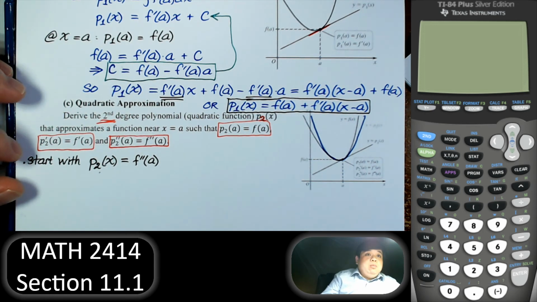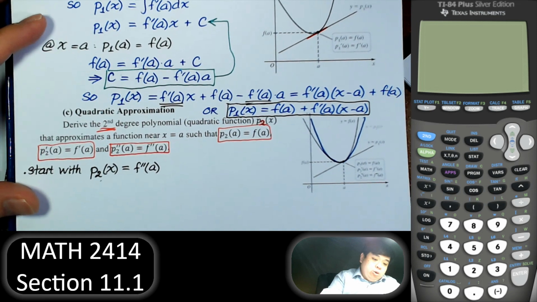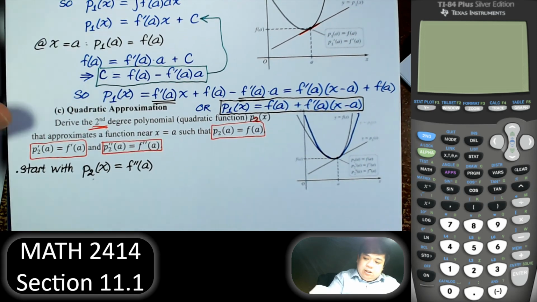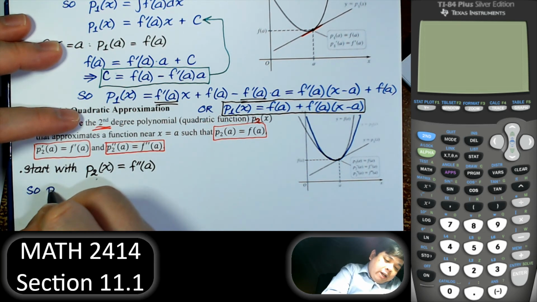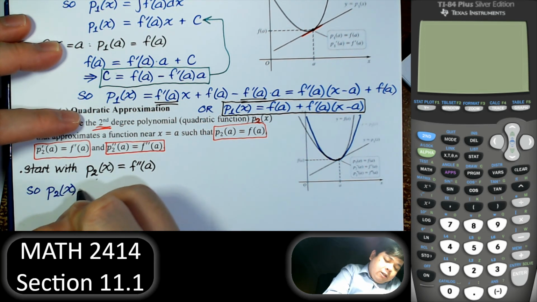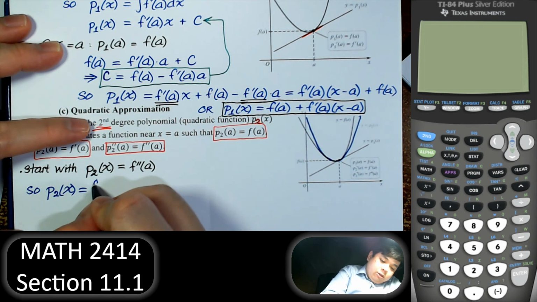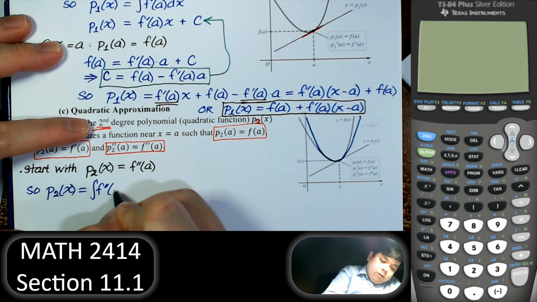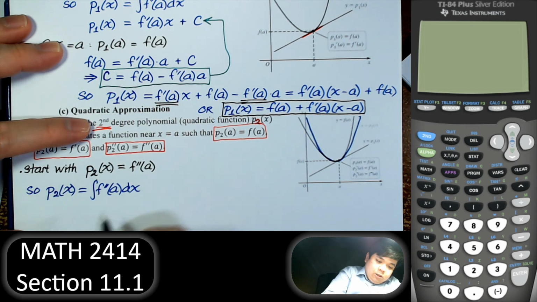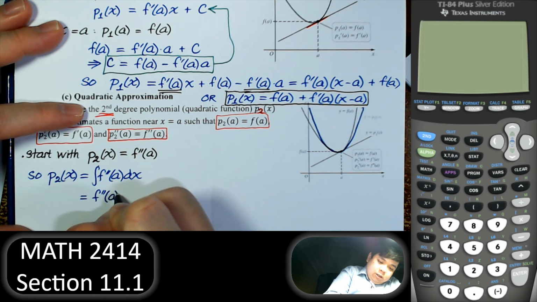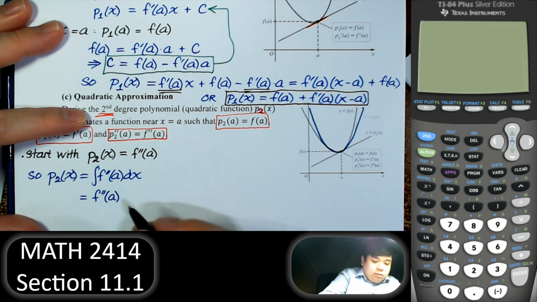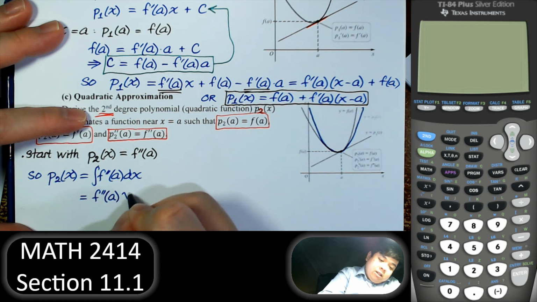Now, if we want to undo the derivative, we do the antiderivative or the integral. So p2 prime of x is equal to the integral of the constant, that is the constant times x plus c.